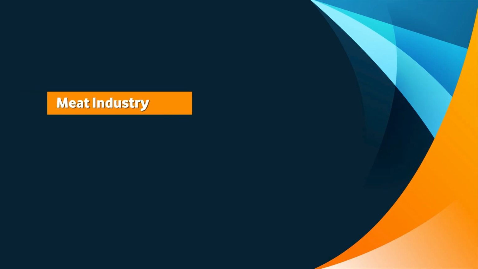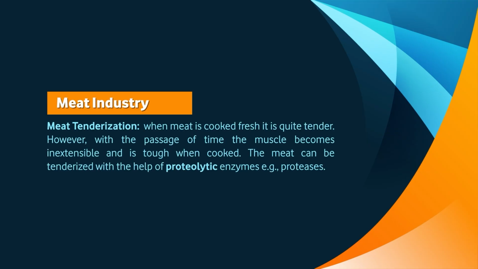Then meat industry. In meat industry the enzymes are used for meat tenderization, that is proteolytic enzymes, specifically proteases. Papain is the most common enzyme used for meat tenderization.